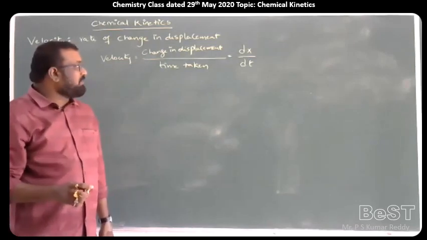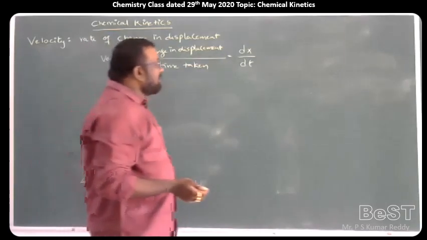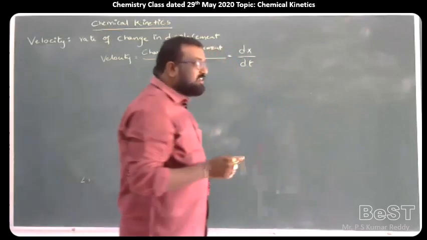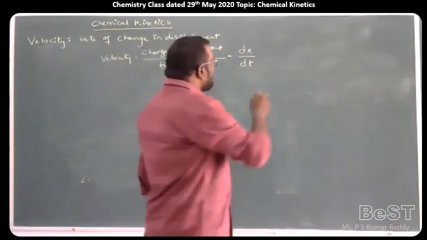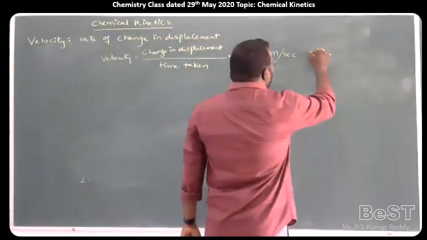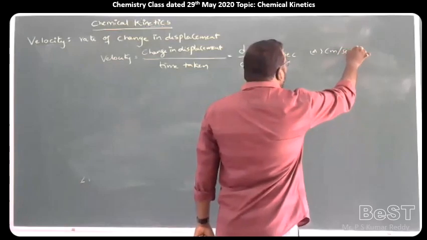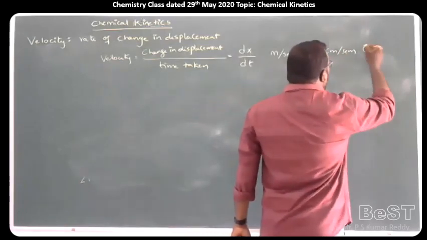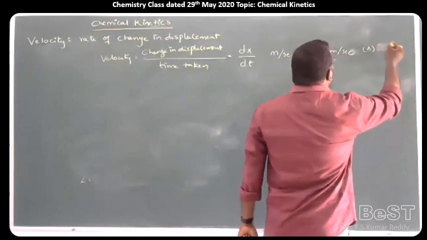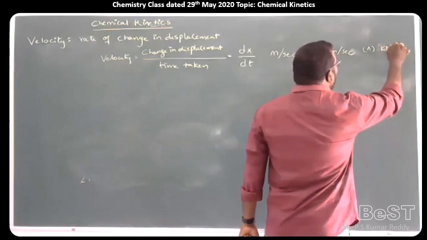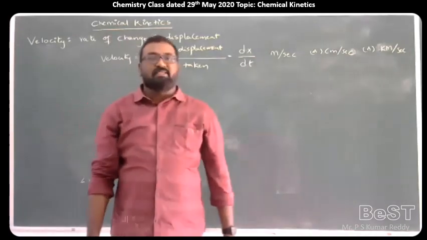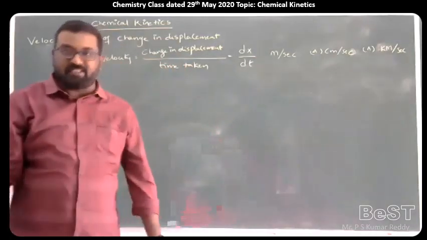And you know that based upon the units you are taking for the displacement, it can be meters per second or centimeters per second or kilometers per second. Like this, we are having different units for velocity. This is velocity, the term you are learning in physics.